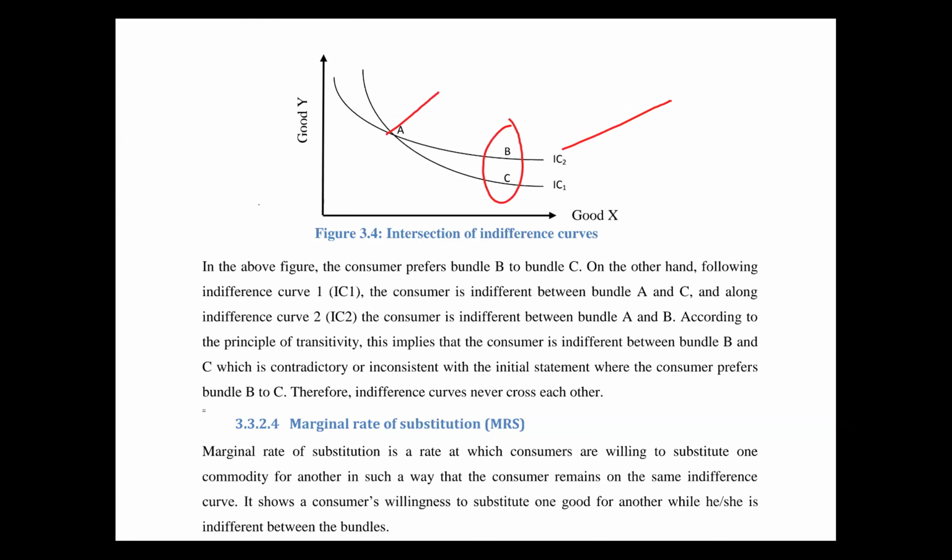A and B, which you cannot really hold. You can't be indifferent between a higher level of utility and a lower one. You get it? We have already assumed that consumers would always want to consume at a higher level of utility. They cannot be indifferent between a higher one and a lower one. That's the reason why we say the indifference curves cannot cross. Please, you should pick that explanation and work with it.